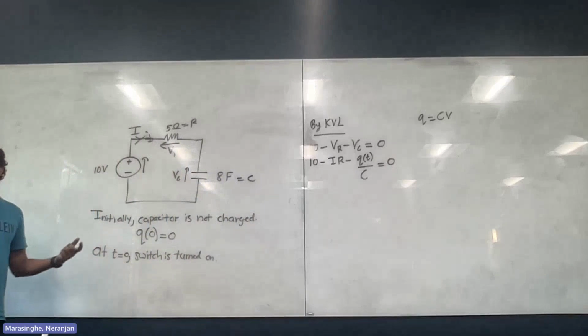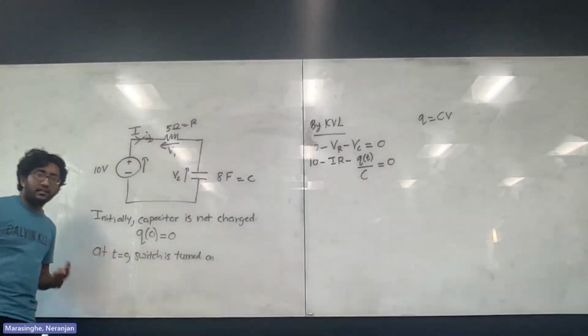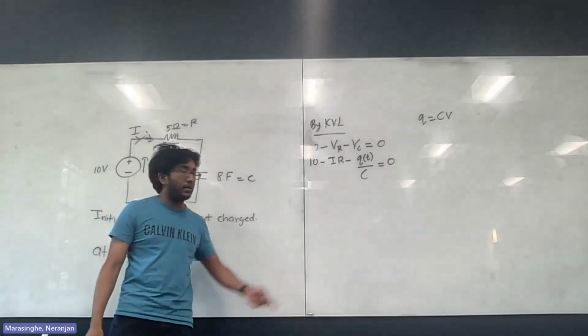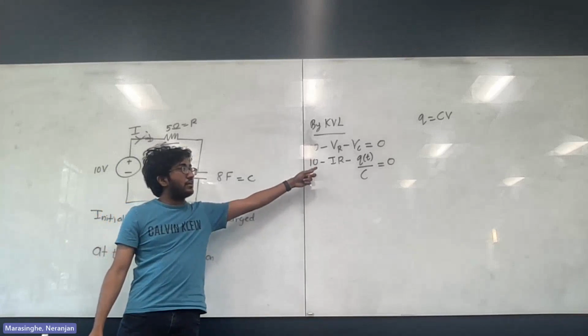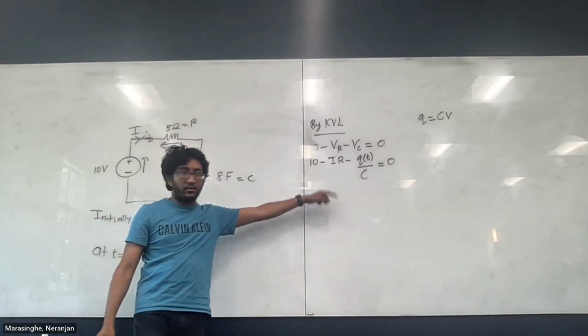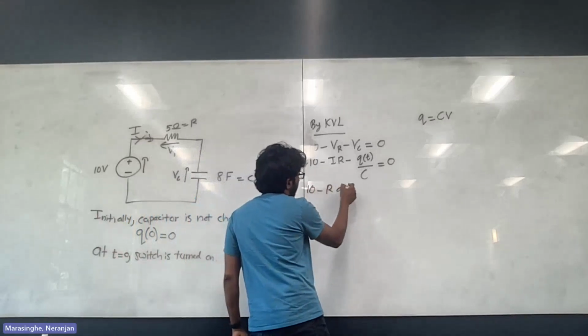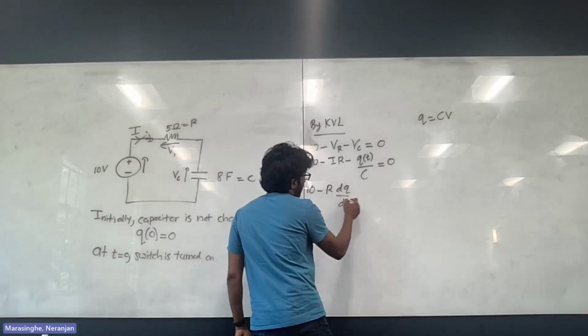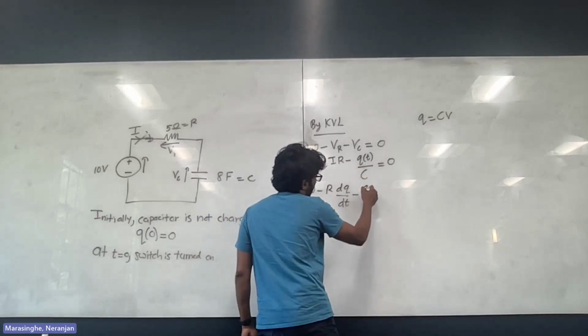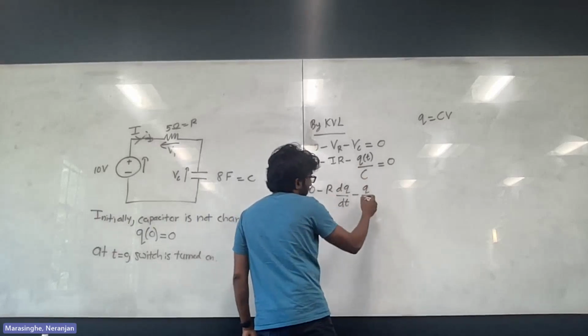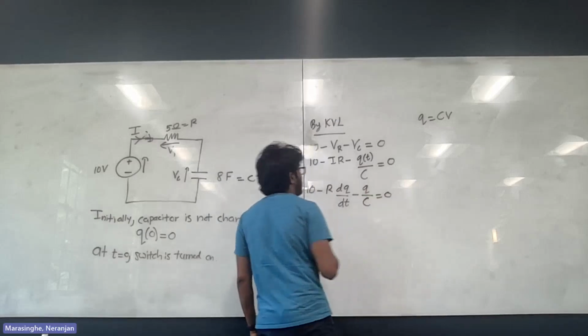Now, what is current? Current is the rate of change of charge. So instead of I, I would write dq over dt. So 10 minus R times dq over dt minus q divided by C, because we know that it would depend on time, is equal to 0.